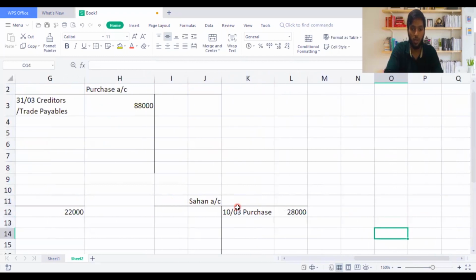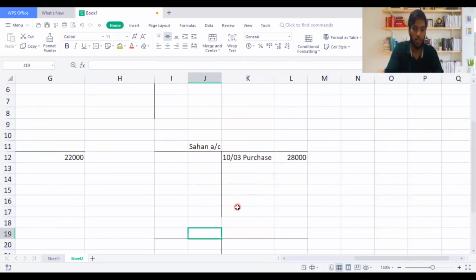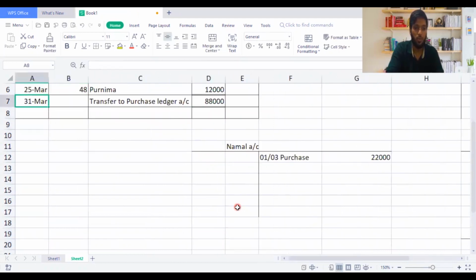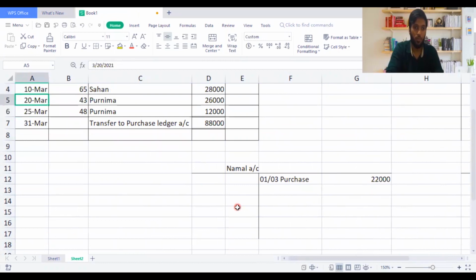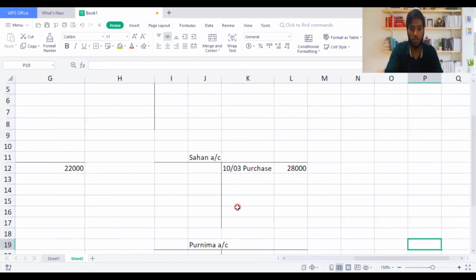We have Purnima. So I'll move on to Purnima and I'll record here Purnima account, right? What is the date of Purnima? Purnima has made two purchases. We purchased from Purnima on 2 days. One is on 20th March, the other one is on 25th March. So 20th March is 26,000 and 25th March is 12,000.